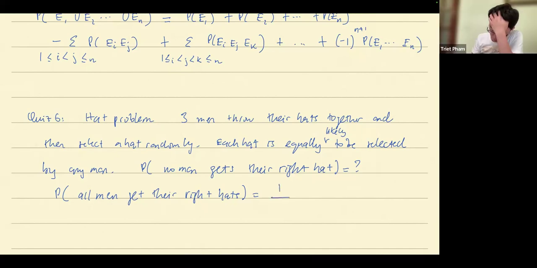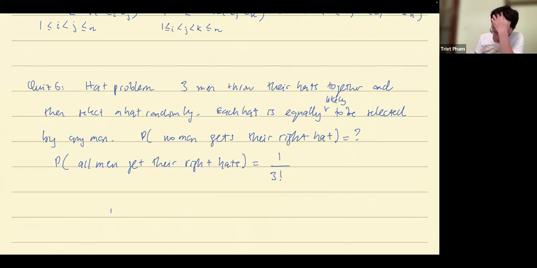1 over 3 factorial. And the reason is simple. So here's 1, 2, and 3. There are 3 factorial ways to permute the assignment. For example, if we write something like this, that means the first gentleman gets the third hat, the third gentleman gets the first hat, the second gentleman gets the right hat.